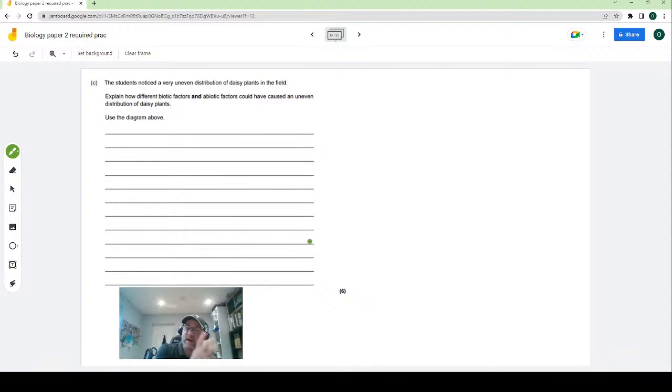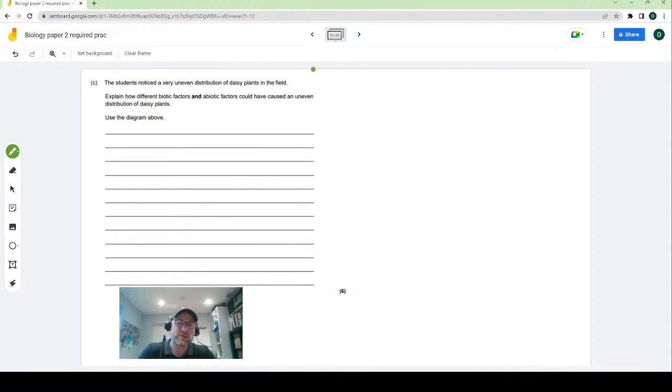The trees are alive, so that's a biotic factor, and they grow creating shade, meaning less sunlight, which is abiotic because it's not a live factor, gets to the plants and they do less photosynthesis. You can also talk about pH level in the soil. Wind is abiotic. You're looking at water levels, abiotic.